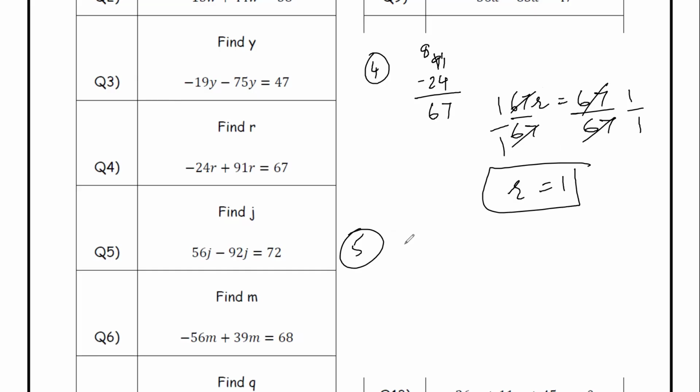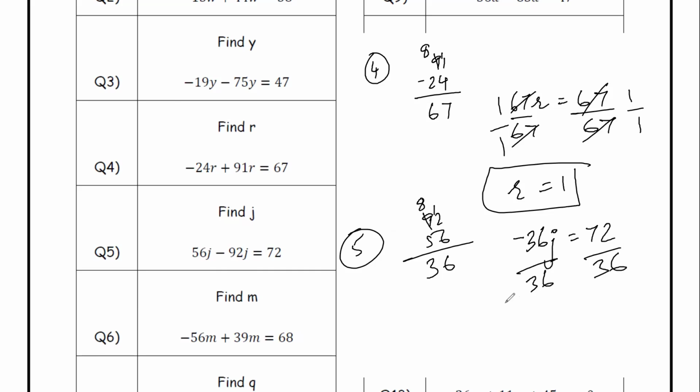Fifth question, find j. Again, do the subtraction, 92 and 56. Take 1 from 9, plus 6 and 3, 36. So it's negative 36j is equal to 72, and 72 is twice 36. So again, divide both sides by 36. Remember, we have to find j and not negative 36j.